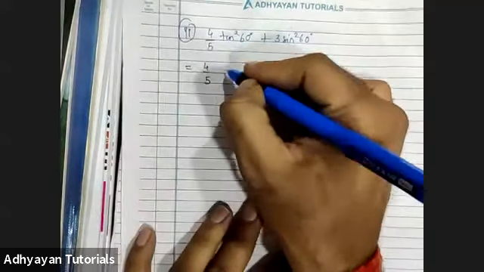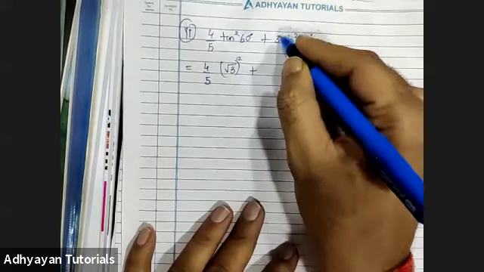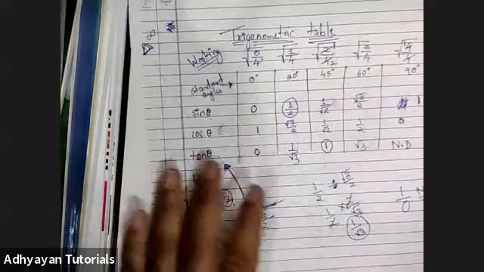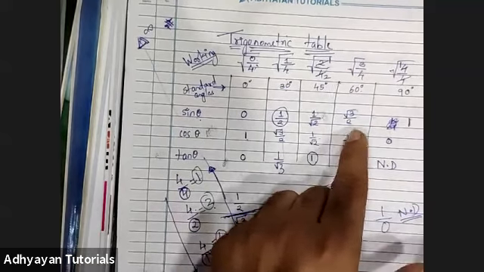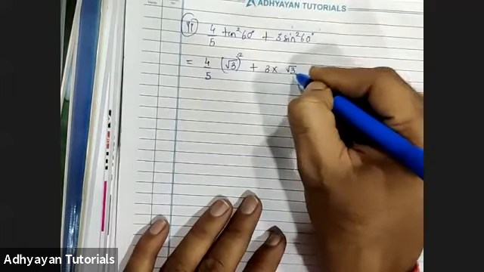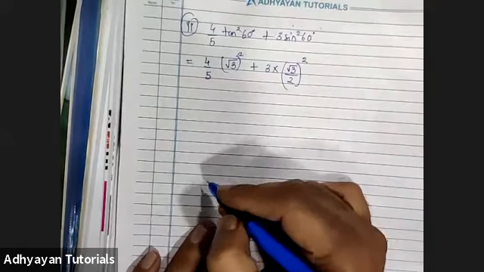So basically, it has to be root 3 the whole square plus 3 into sine 60. Again, I'll check the value in the table for you all. Sine 60, the value is root 3 upon 2. Right? So it is root 3 upon 2 the whole square.